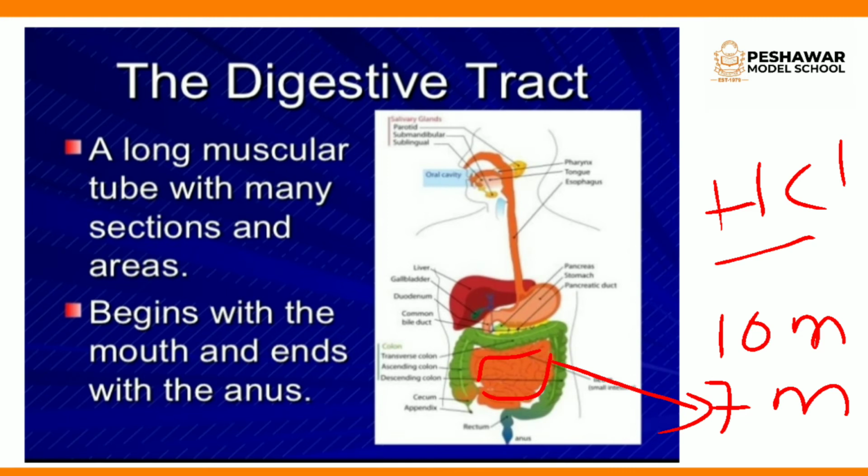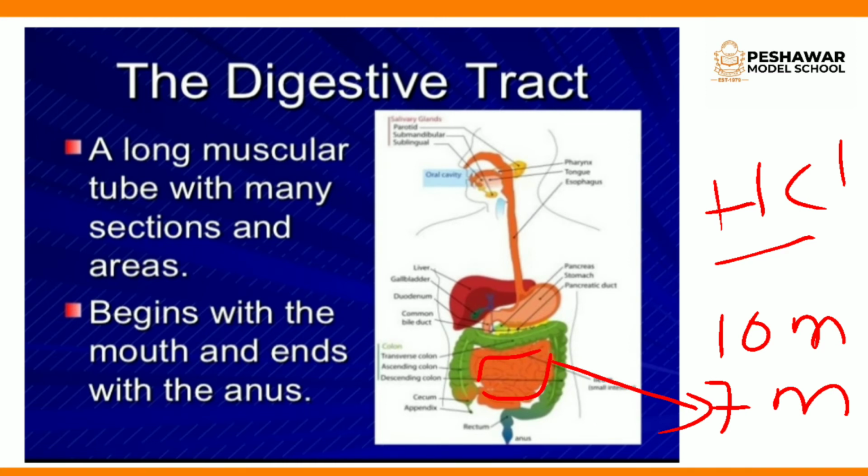This one is the gallbladder, near the liver. Clear? So bile is made by the liver and is stored in the gallbladder. Once the food reaches the small intestine, this bile is secreted on the food.